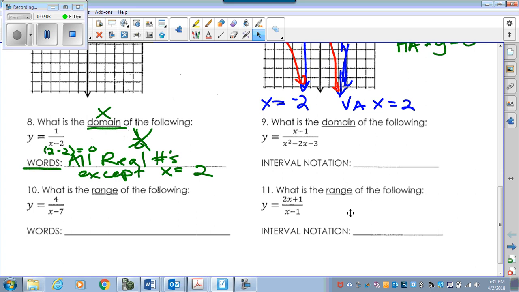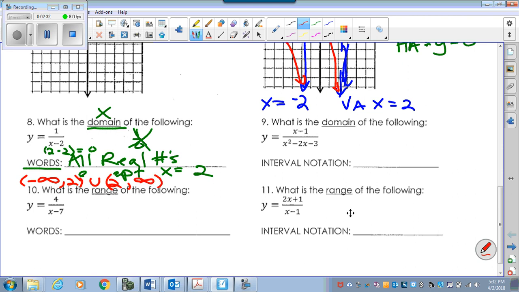If I was going to write that in interval notation, I would say x can go from negative infinity to 2, and then also it can go from 2 to positive infinity.